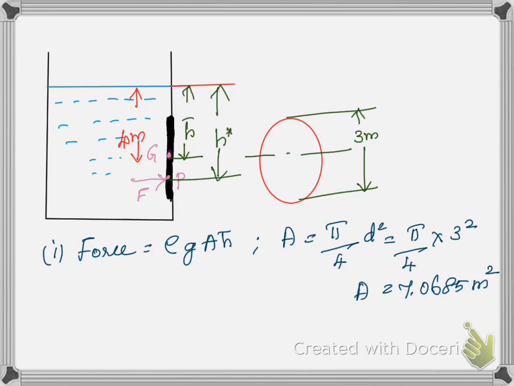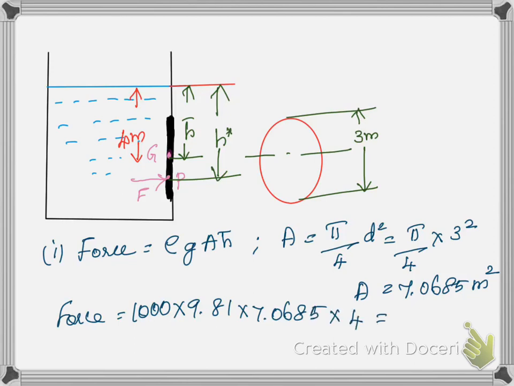So I calculated my A. My force will be equal to rho is 1000, g is 9.81, A is 7.0685, into h bar is 4, which is equal to 277,368 Newton, or I can write it as 277.368 kilonewton. So the first part is over.